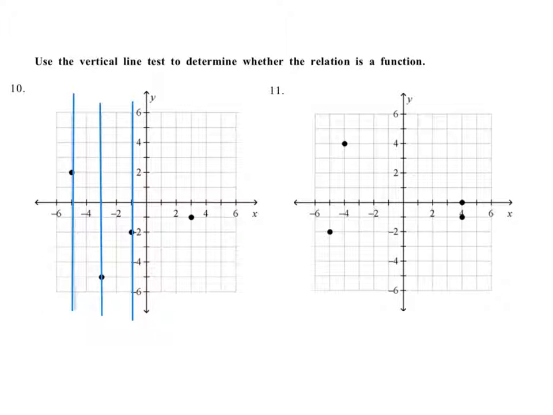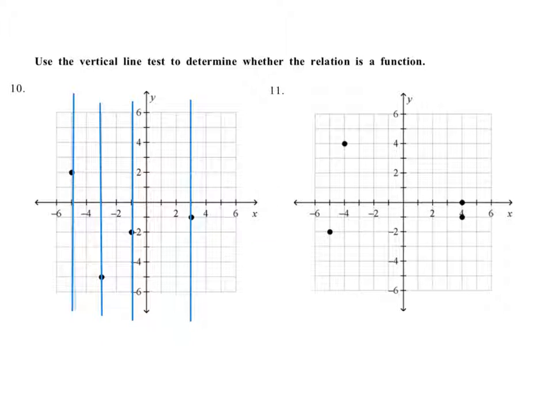Well, we saw these 4 values put in, and we can see the numbers that came out. They plugged in -5, they got 2. They plugged in -3, they got -5. They plugged in -1, they got -2. And they plugged in 3, they got -1. Do we see it running through more than one point? Any vertical line? No, we don't.